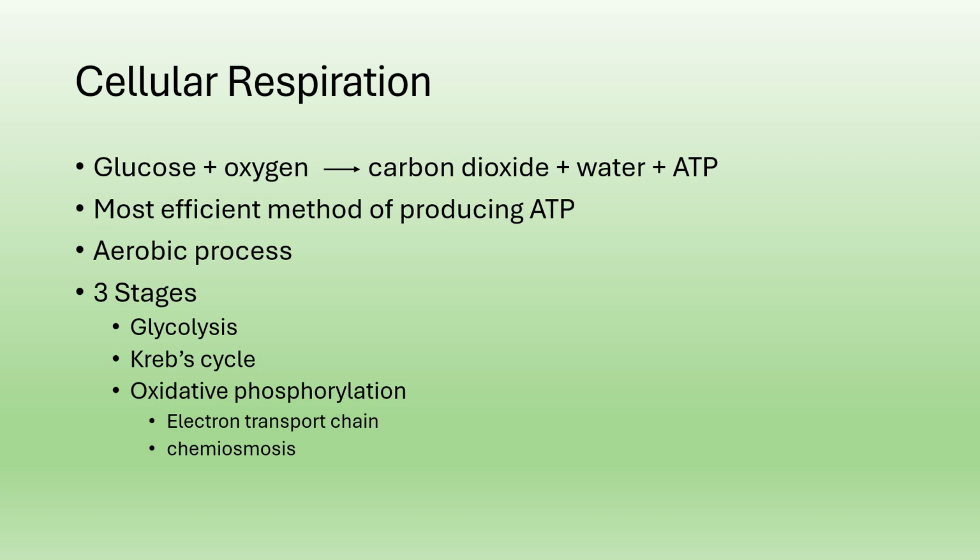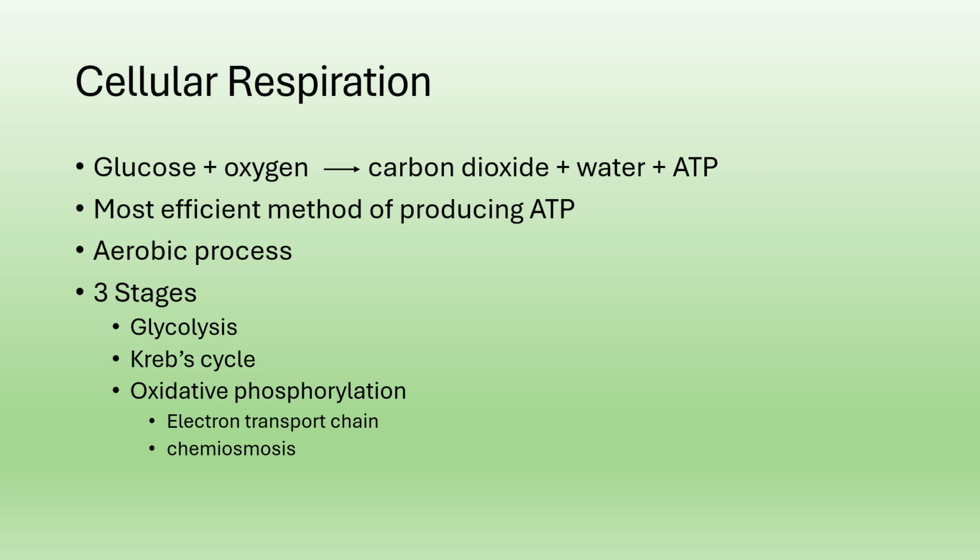A lot of people forget ATP is part of this reaction. That's the whole purpose, is to get energy. This is the most efficient method of producing ATP. It is what we call aerobic because it requires oxygen. Now, not all of the steps require oxygen, but overall it requires oxygen.